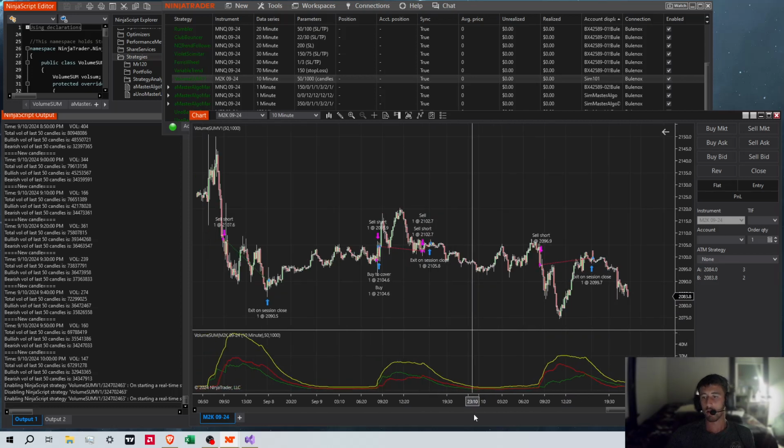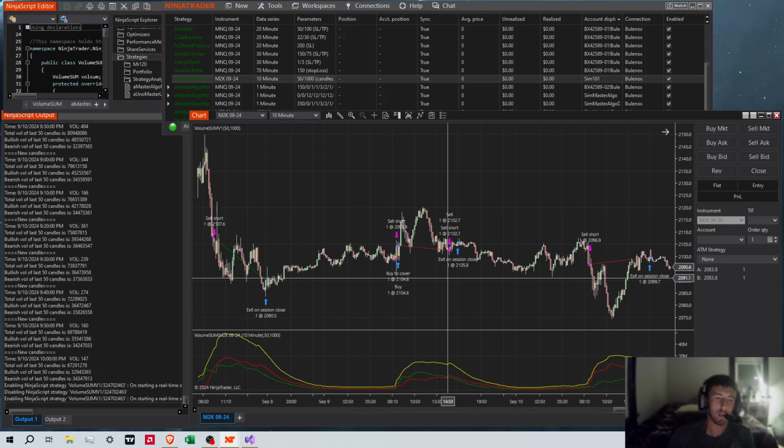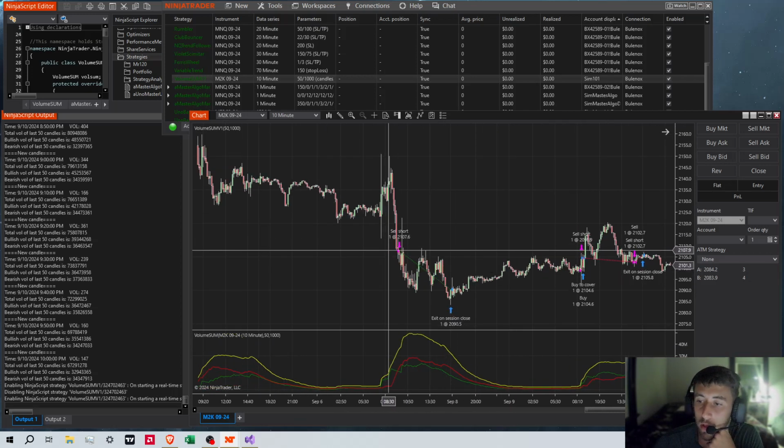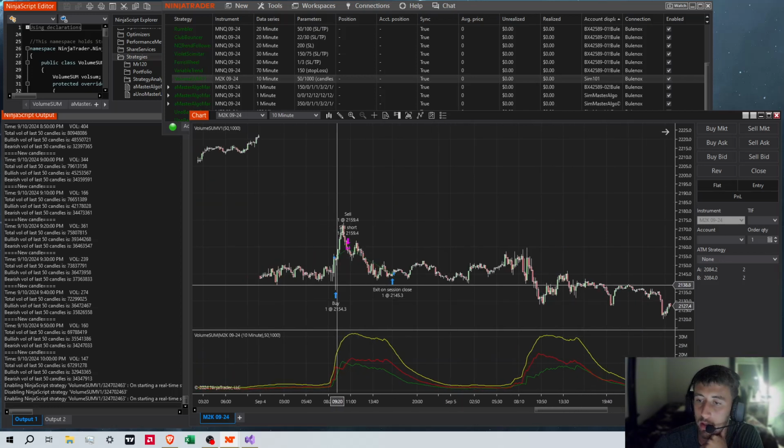I also want to do, since it's volume and the idea is of it being the whole direction, you can add a grid type of thing. So the whole way down, as long as the bearish volume is increasing, we just keep taking more positions. And same thing for buys.